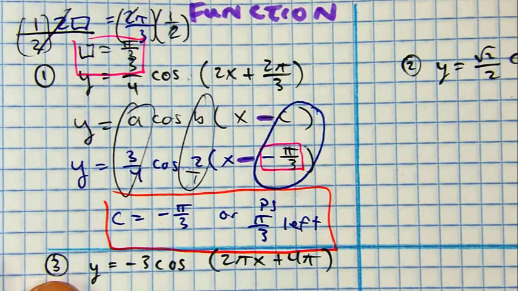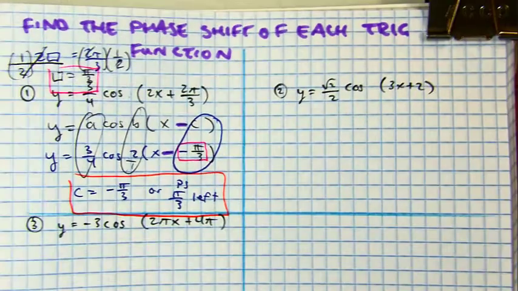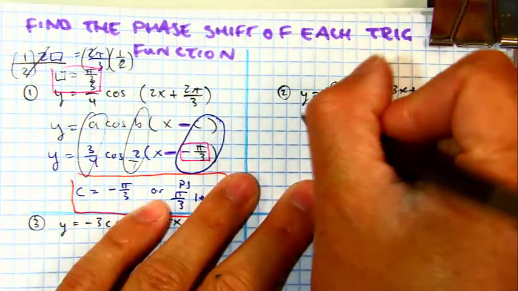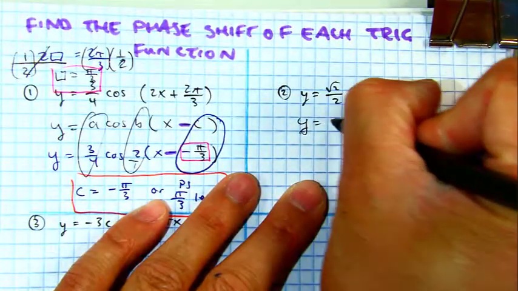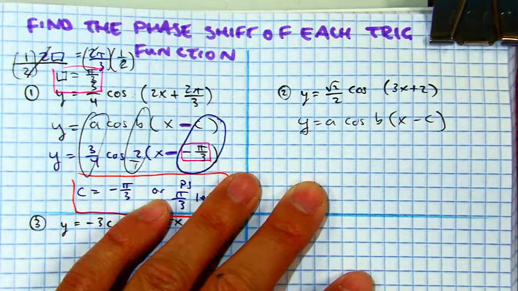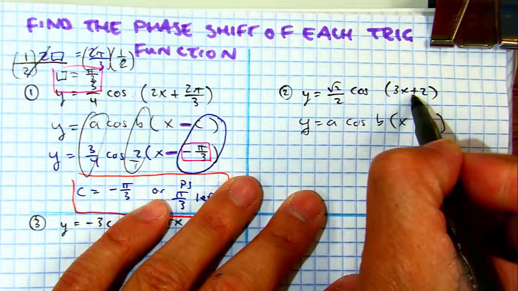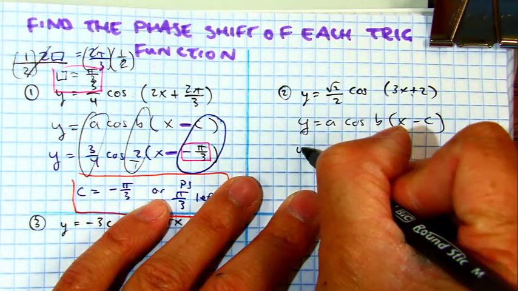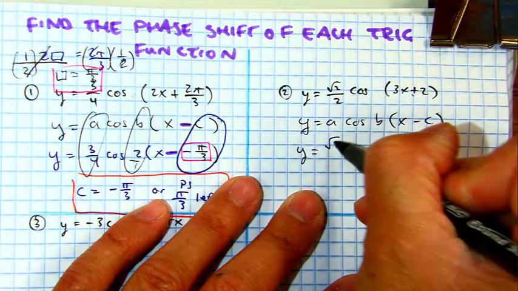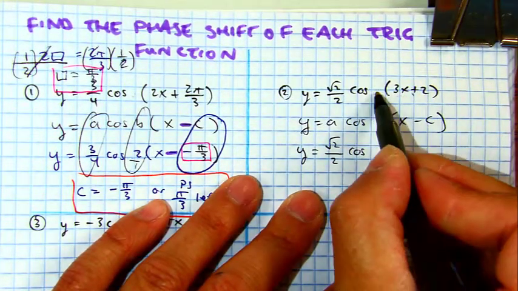Let's try question number 2 together. Same thing. Y equals A cosine B x minus C. I'm going to change the plus sign to a minus sign and also factor out a 3. Radical 2 over 2 cosine. Now, what do you take out as your GCF? Right there's your hint.